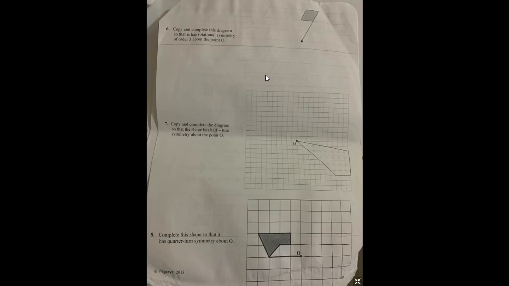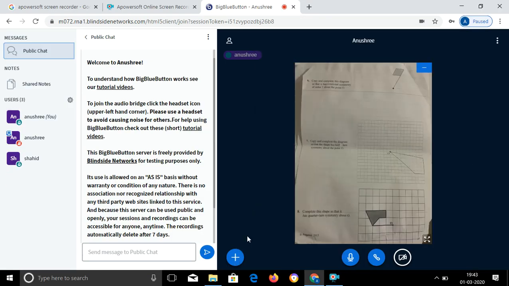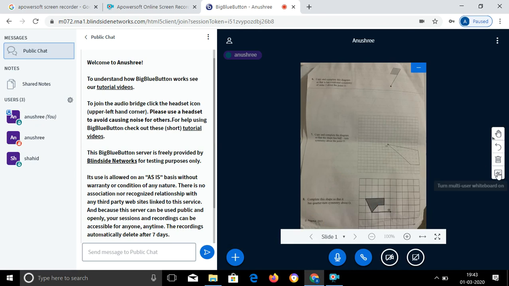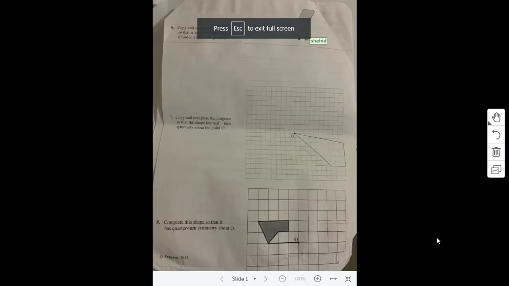Because of this one, when it says order 3, that just means 360 divided by 3, which is 120, right? So this one would go like this. I don't know how to use the drawing thing. I'm just double checking if the answers are on the other side.